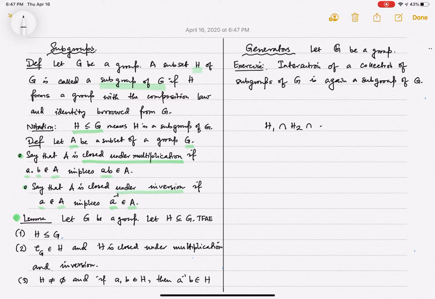If you have 5 subgroups, their intersection is again a subgroup. If you have countably many, still the same thing. If you have any arbitrary collection, the intersection is still a subgroup.